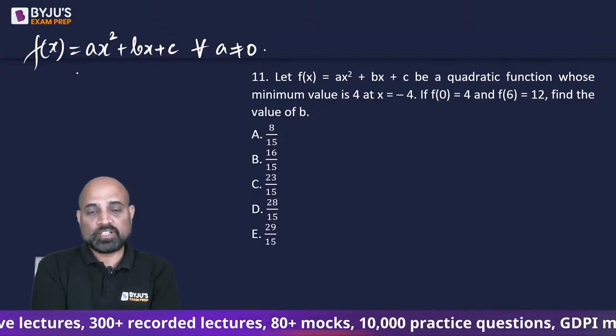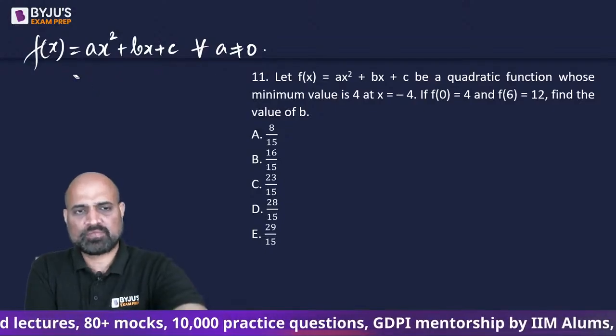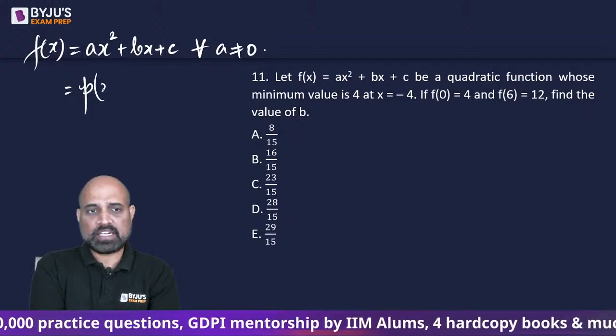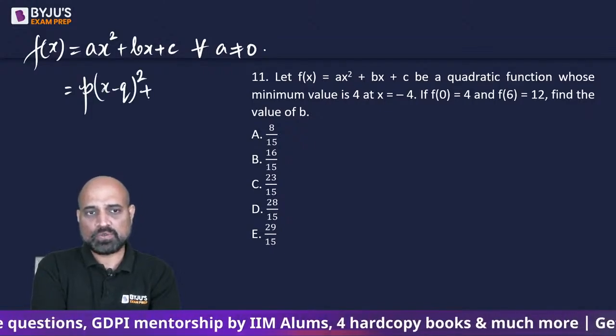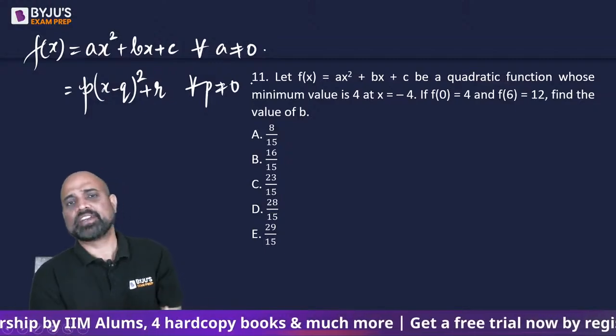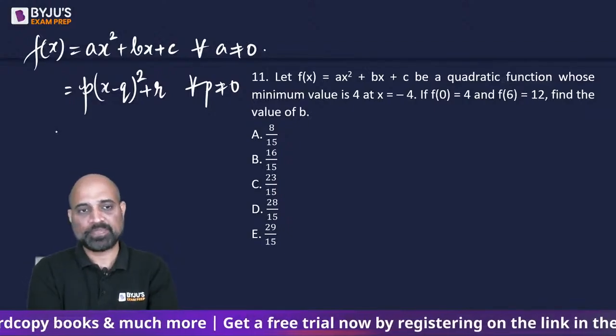If you convert this into, let's not confuse you, if this is written as p times x minus q का whole square plus r, where p is not equal to 0, they are the same written in a very different format. पहला वाला general है, दूसरा perfect square format में.